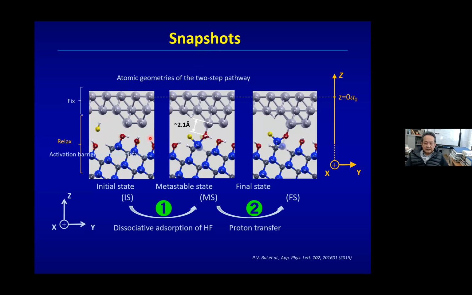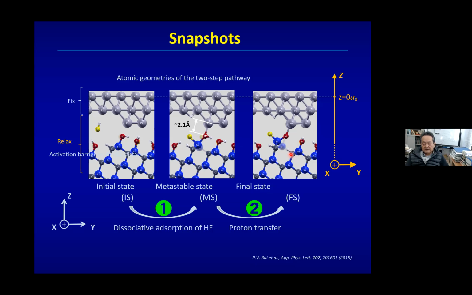in this simulation, we found a metastable state here, in which F minus adsorbed at the step edge silicon, and a five-fold coordination situation was observed as expected. And after that, as a final state, the back bond was broken, as you can see here, by a proton transfer from here to here.